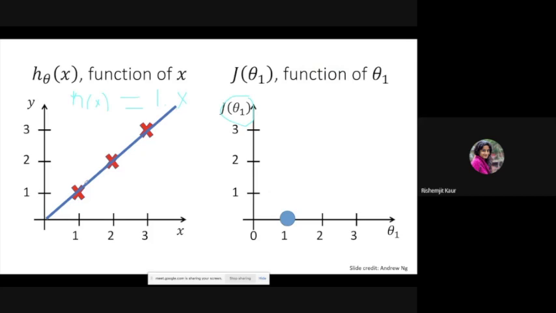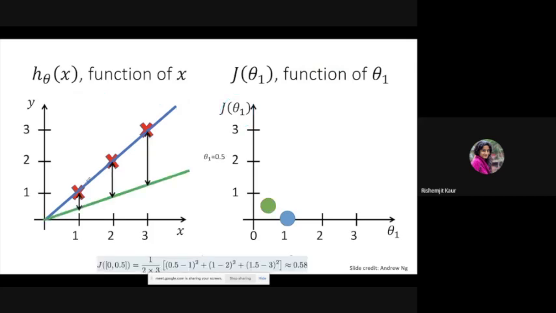But what if we choose a different value of theta? What if we choose the value of theta 1 equal to 0.5? Then our equation will become y is equal to 0.5 of x, right? So these are the values, and our errors will become higher. When x was 1, our hypothesis predicted its value as 0.5, because we have set the value of theta 1 as 0.5.